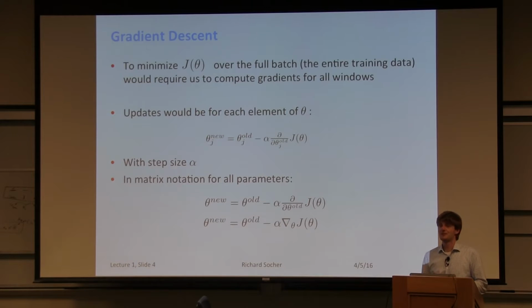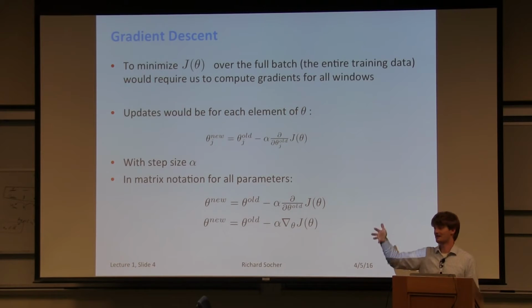So the simplest thing we could do now to really optimize this is to directly optimize or minimize, in many cases, our objective function J over the full batch, as in the entire training data. But that would indeed require us to compute the gradients for all the different windows.